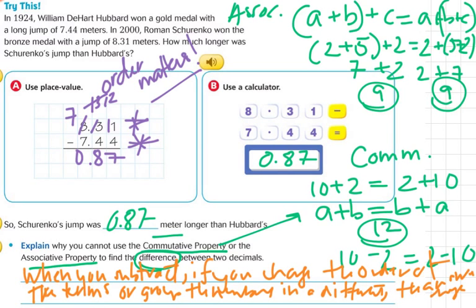However, if you change the order of the terms or you group the terms differently in a subtraction problem, it would change the answer.